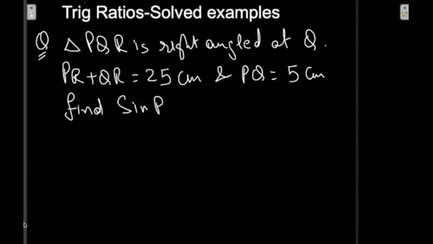So we'll solve one more question here. In triangle PQR, triangle PQR is right angled at Q. Let's use the line tool.